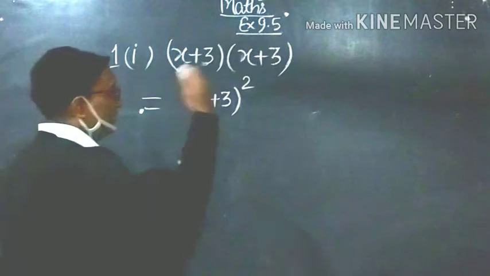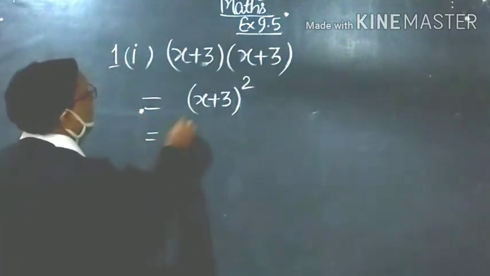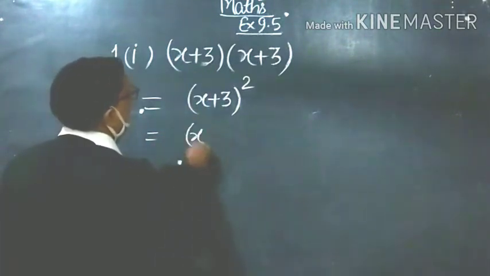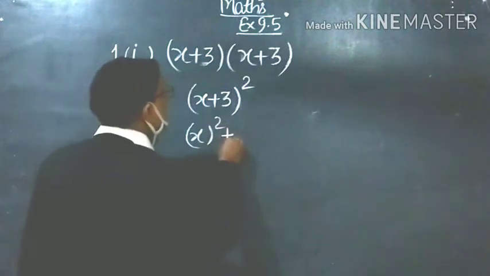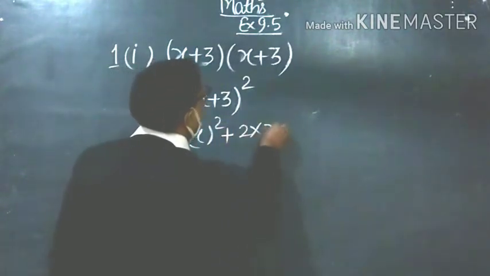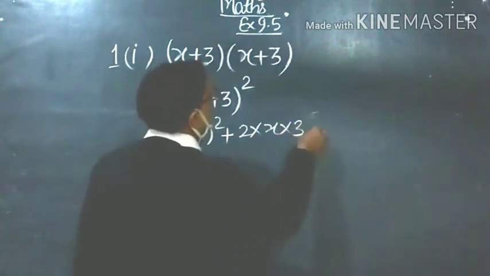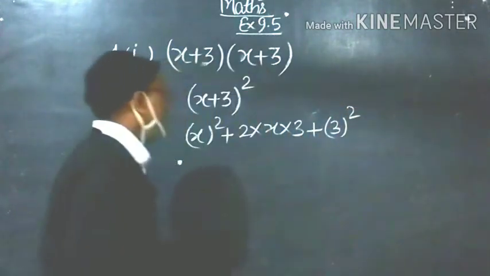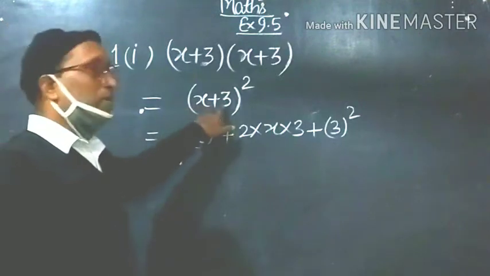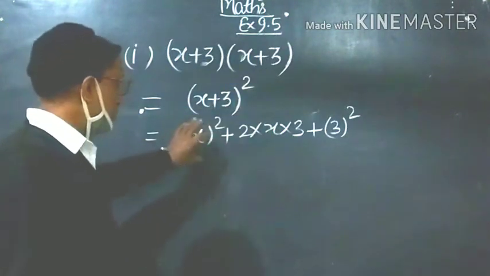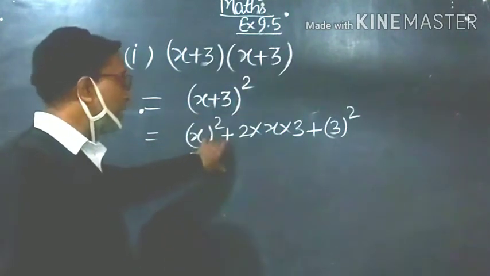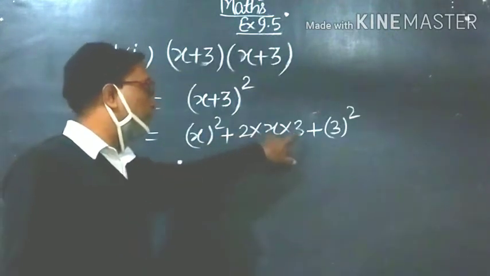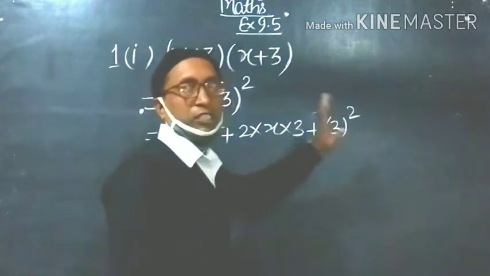By using this identity, we are able to write x square plus 2 into x into 3 plus 3 square. Your identity is (a plus b) whole square is equal to a square plus 2ab plus b square.